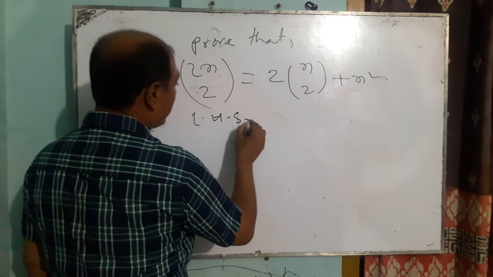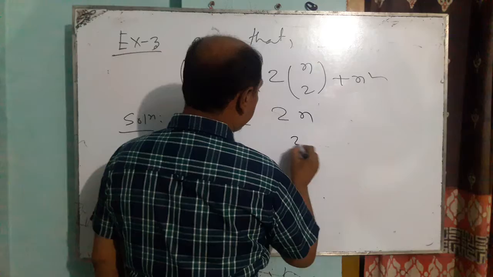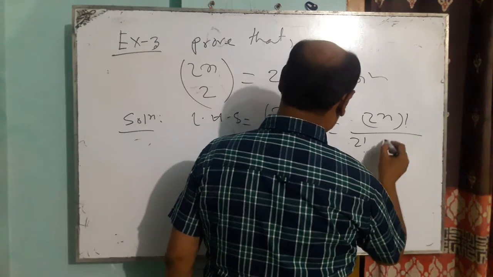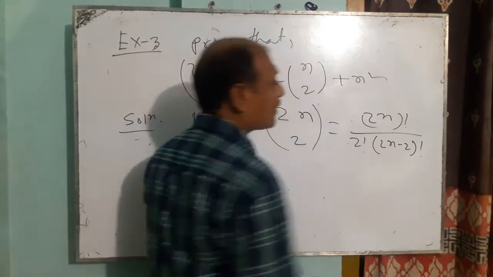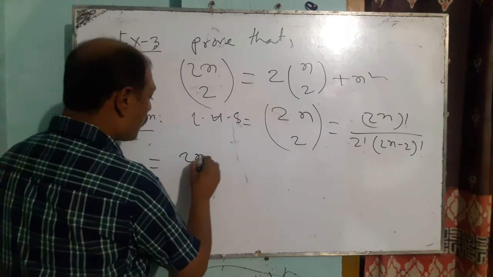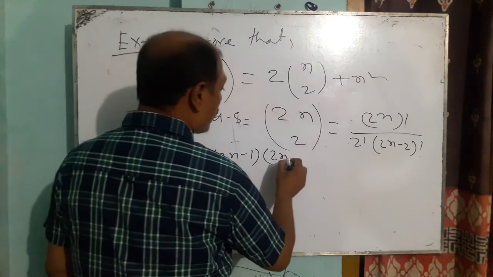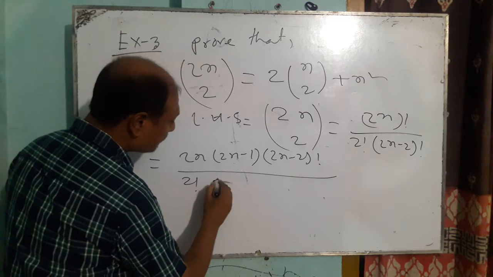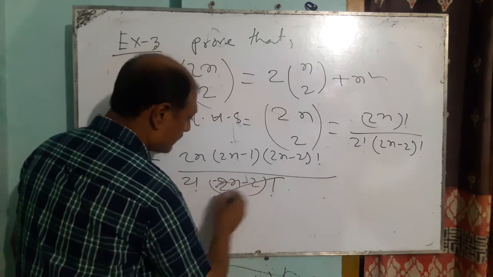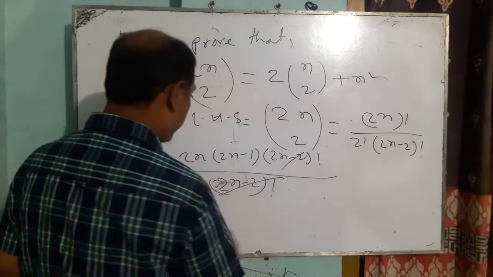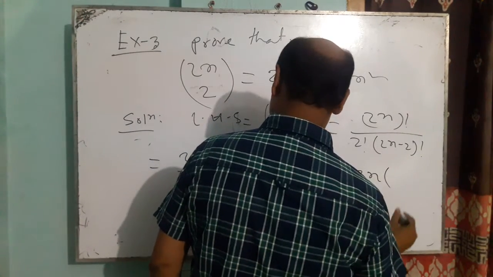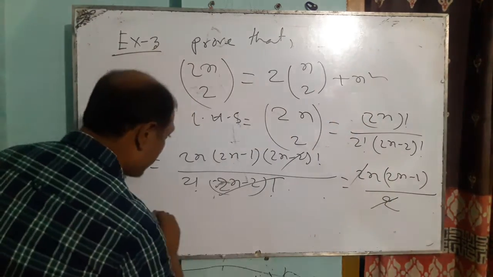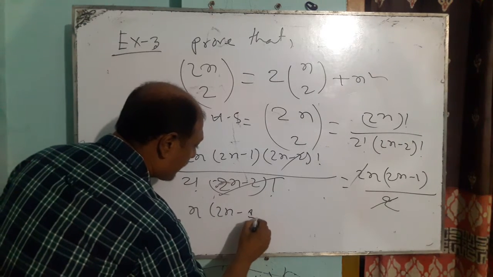Left hand side: 2nC2 equal to 2n factorial by 2 factorial into 2n minus 2 factorial, that is equal to 2n into 2n minus 1 into 2n minus 2 factorial by 2 factorial into 2n minus 2 factorial, that is equal to 2n into 2n minus 1 by 2, that is equal to n into 2n minus 1.